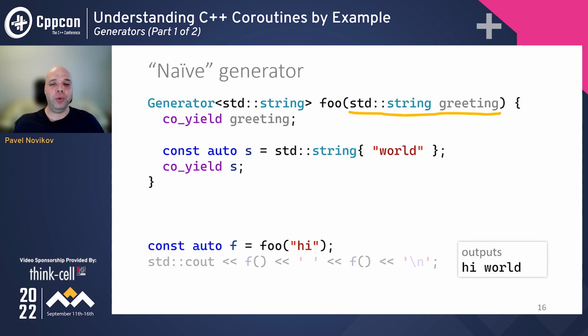And another point here I want to make is that since the coroutine suspends at one point and returns control outside, it has to store all the information in the coroutine frame. So this is very similar to lambda captures. And in this case, greeting will be stored in the coroutine frame. So you should, by default, pass parameters by value, not by reference.